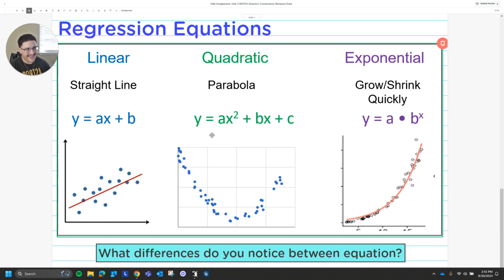Quadratic has y equals ax squared plus bx, and then plus c. It's the only one with the c value, and it's the only one with the square in the formula. Notice the difference with the exponential: it is a times b to the x power. These are all the differences between each one of these that will help to know when creating the equations and solving the problems in the later examples.